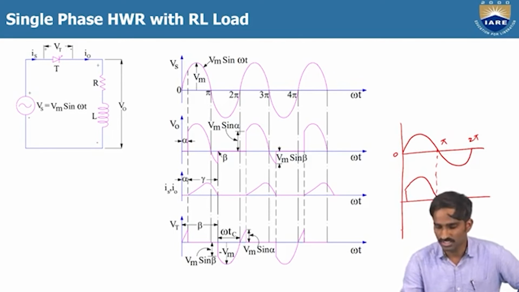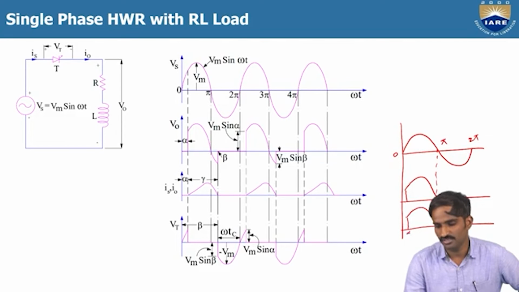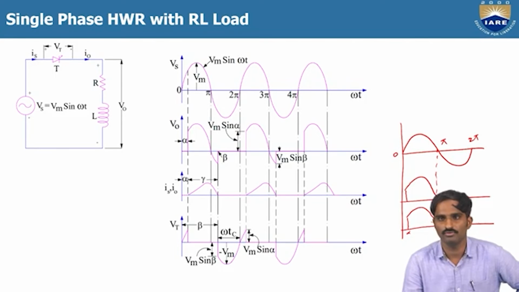Which means when the thyristor is turned on at alpha degrees, the current rises very rapidly and follows the input voltage waveform.